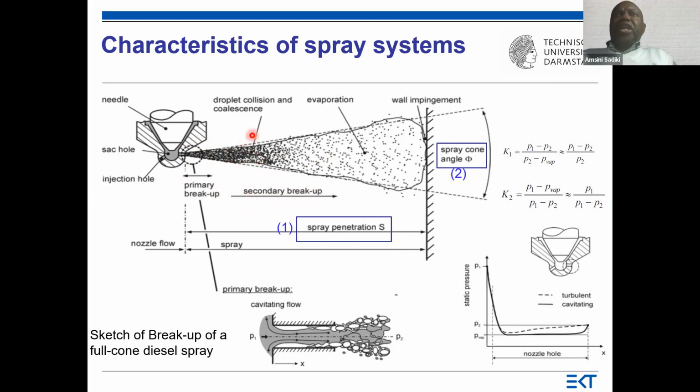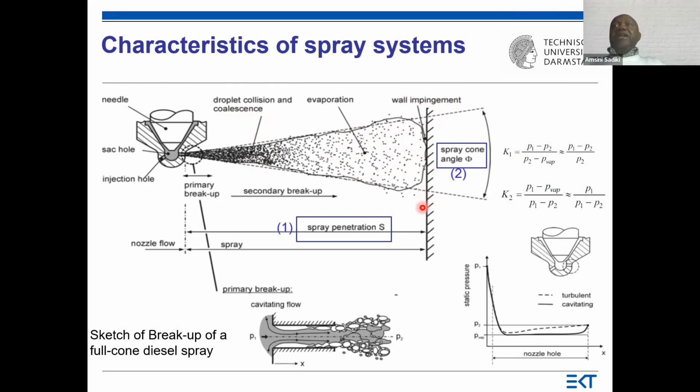In this region, we have droplet collision and coalescence, and we have really four-way coupling. And further, we have the dilute part, and there is more probability to get evaporation. And if we have the wall, then we will have wall impingement, the spray-wall interaction here.